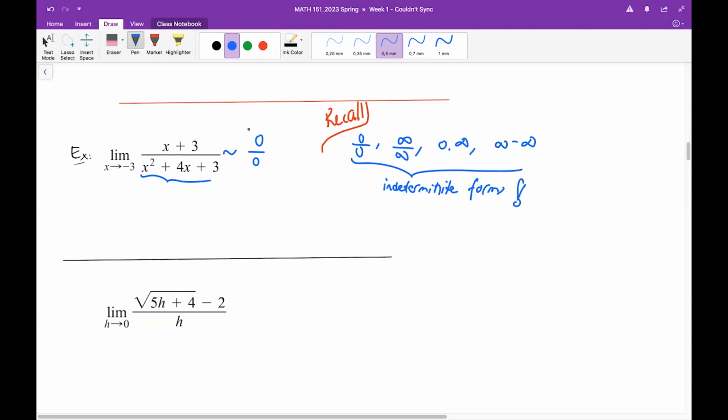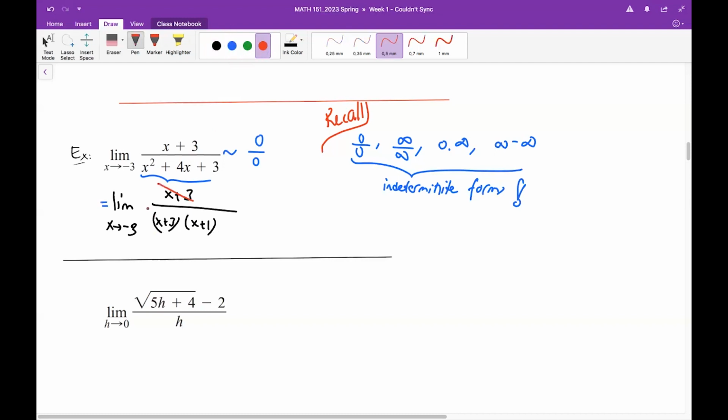Somehow we need to get rid of this indeterminate form to obtain the result. How can you do that? There are several ways to get rid of indeterminate forms. For example, if you have polynomial over polynomial, the first thing you need to try is to decompose the polynomials. So there is nothing to decompose at the numerator, but at the denominator, you can rewrite this polynomial like that. You can decompose it like this.